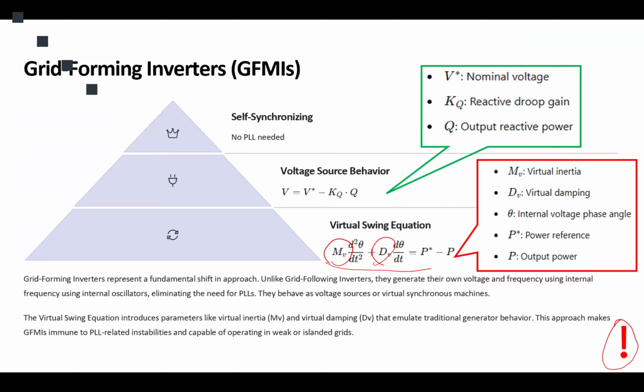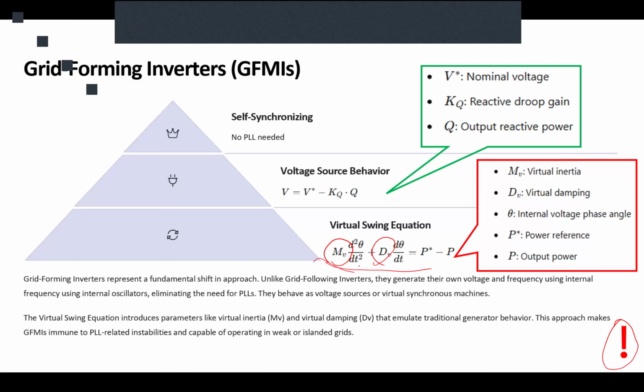One of the byproducts of that paper is to deny such an assumption. So in all the analyses that you see, the models in MATLAB, and the general standard papers, they use this virtual swing equation to analyze the transient behavior, or dynamic response, of grid forming inverters. But it's not accurate.